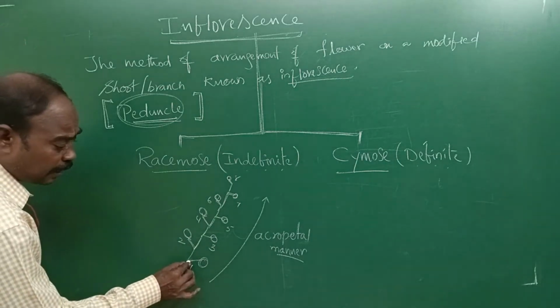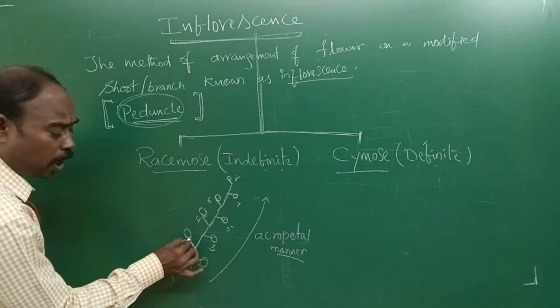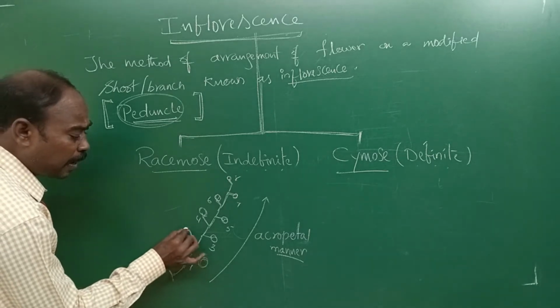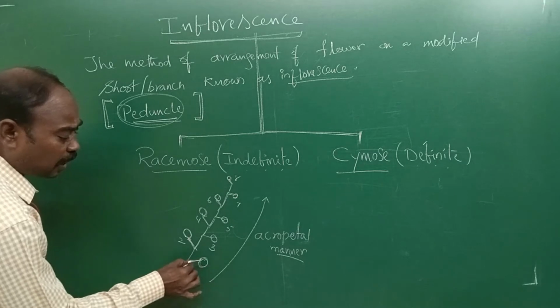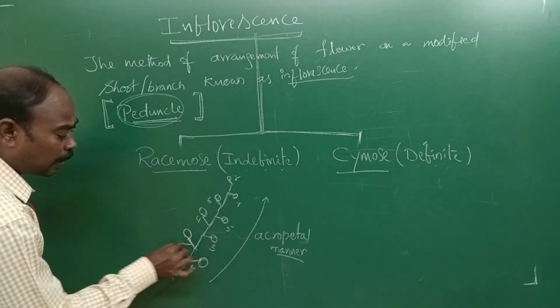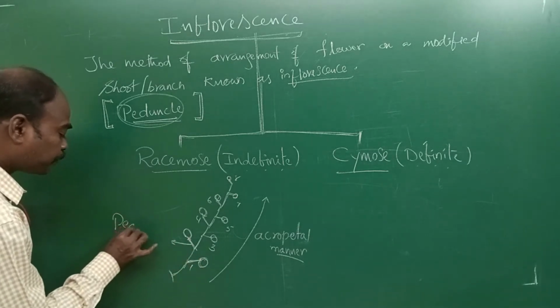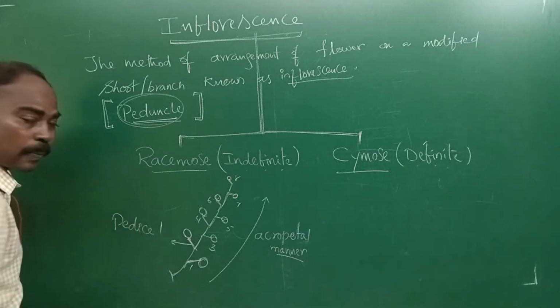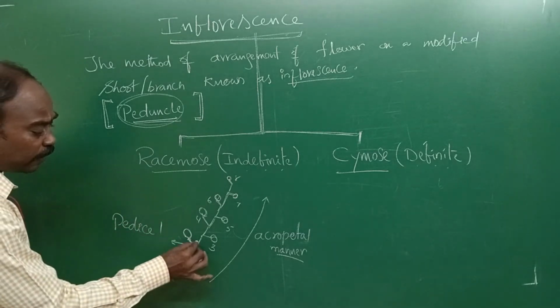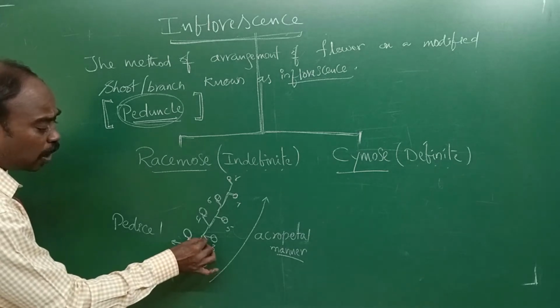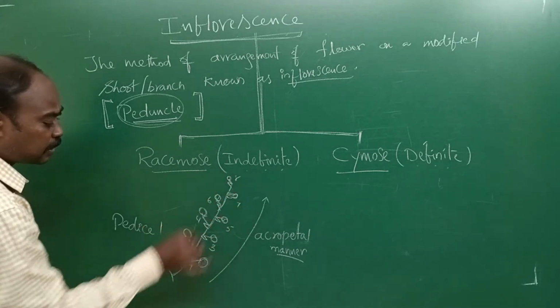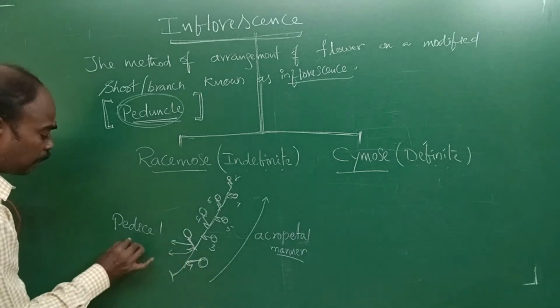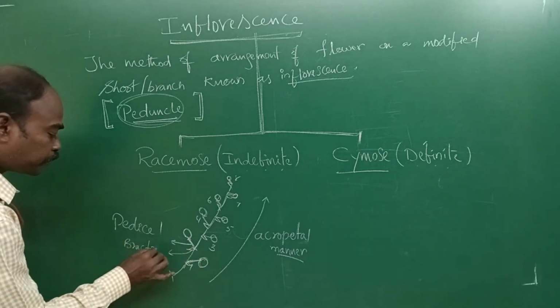On the peduncle, the flower may have a stalk. Such flower stalks are called pedicel. Then at the base of the flower or base of the stalk, small leaf-like structures may be present. They are called bracts.